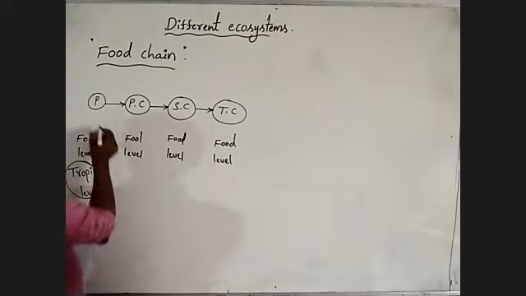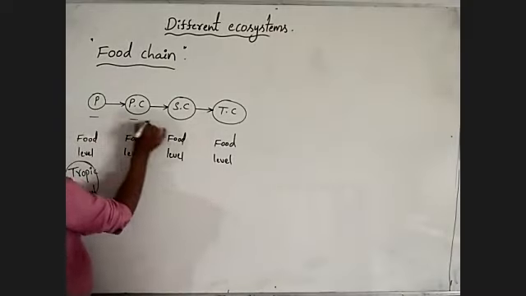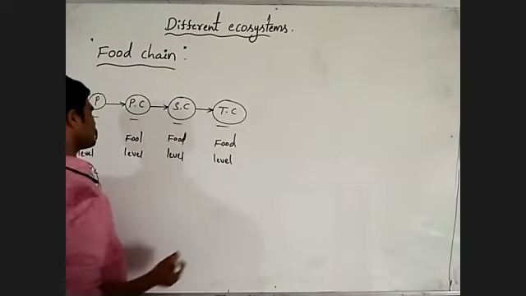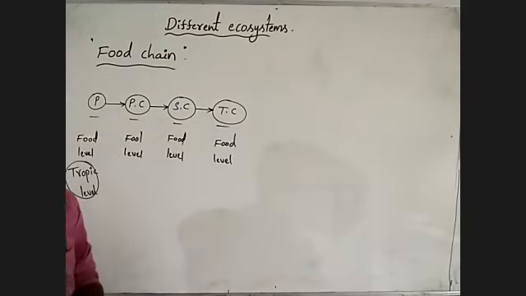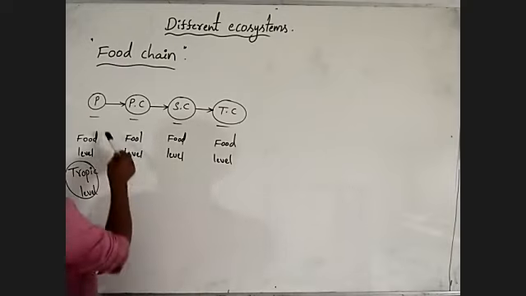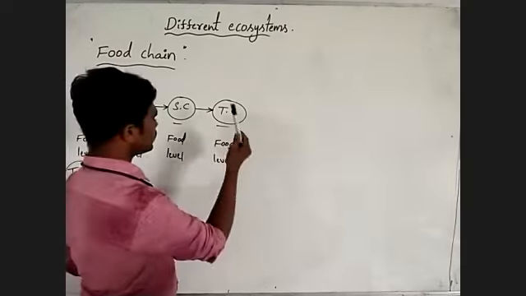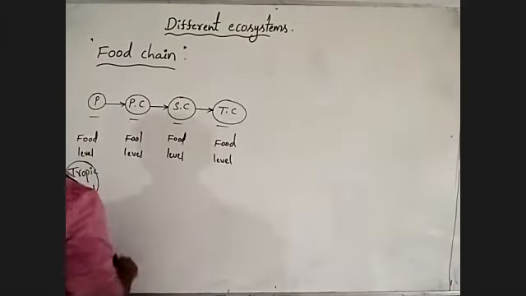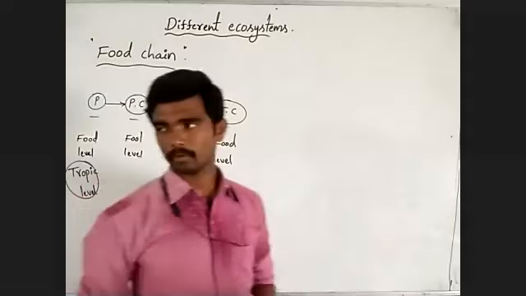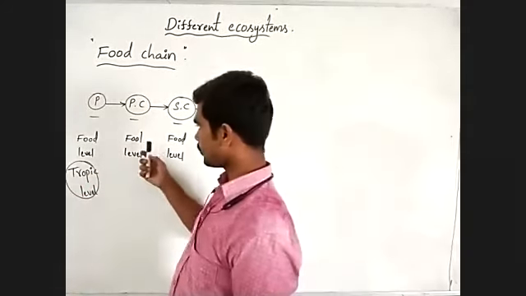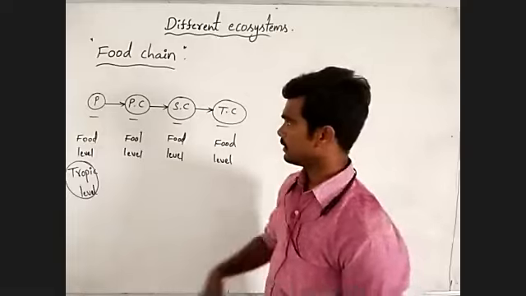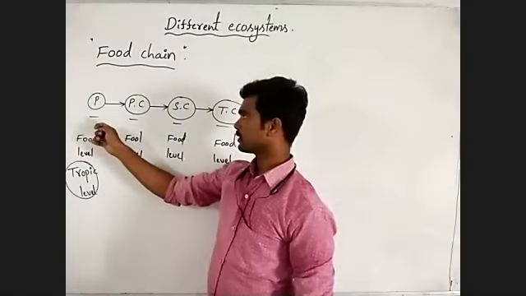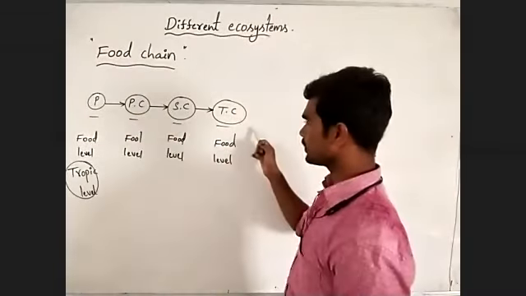Observe all the biotic components of an ecosystem are arranged in a linear sequence based on their food habit.